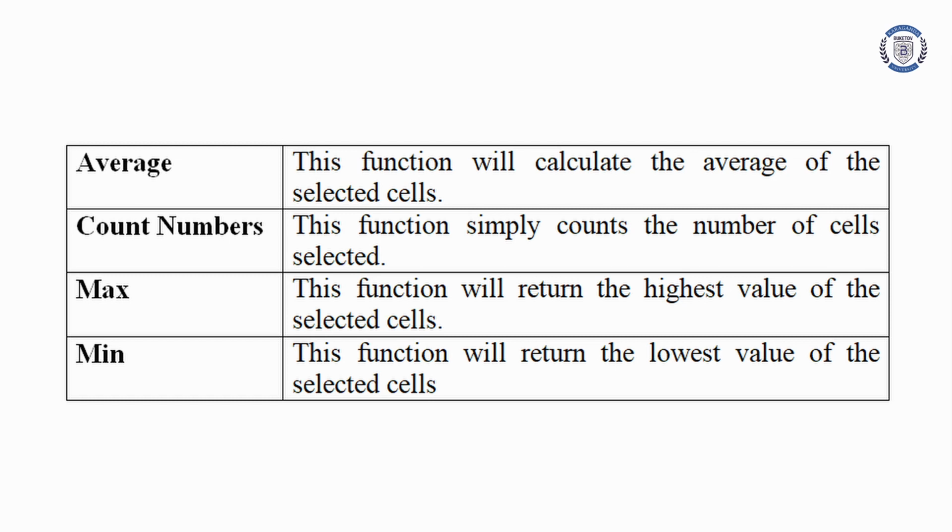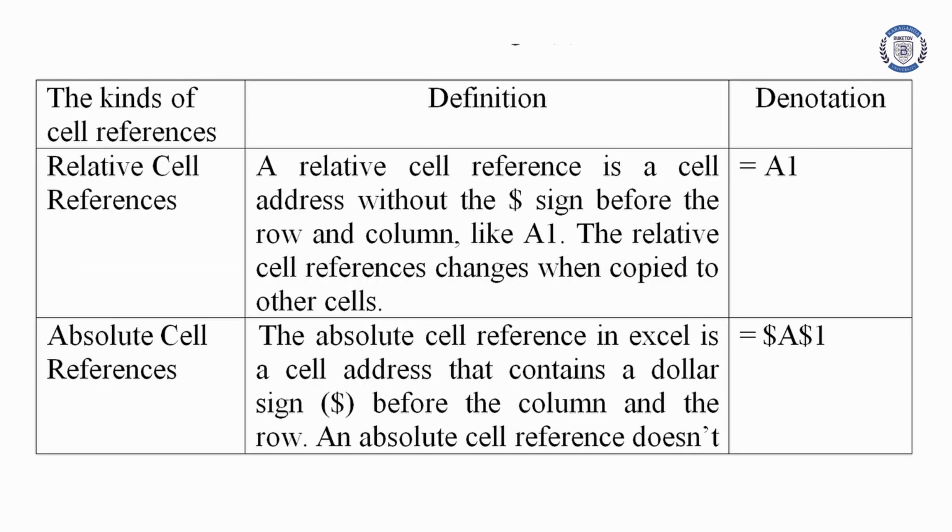There are three kinds of cell references that you can use in Excel. In this table, you see the cell references. They are relative cell references, absolute cell references, and mixed cell references.